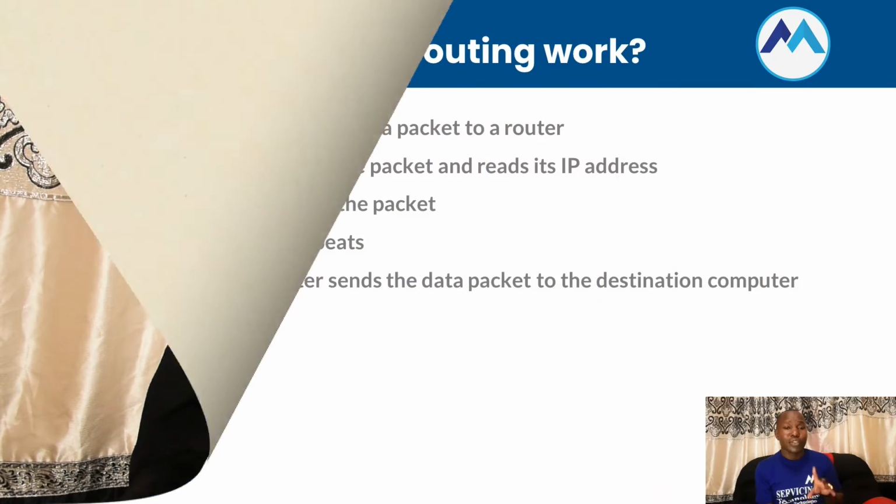Routing tables may be specified by an administrator, learned by observing network traffic, or built with the assistance of routing protocol. The process of routing undergoes these 5 steps that I have broken down.